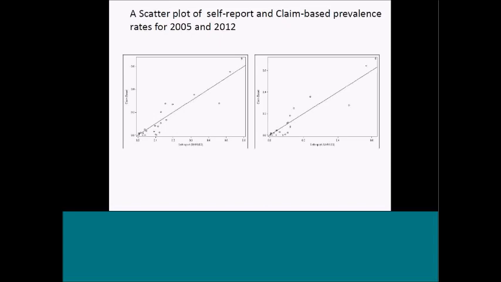And the lines above the 45-degree line, the claim-based rate is already higher than the self-report rate. And as we'll come back to, I think, how you treat that sort of overestimation, the claim-based rate compared to self-report.